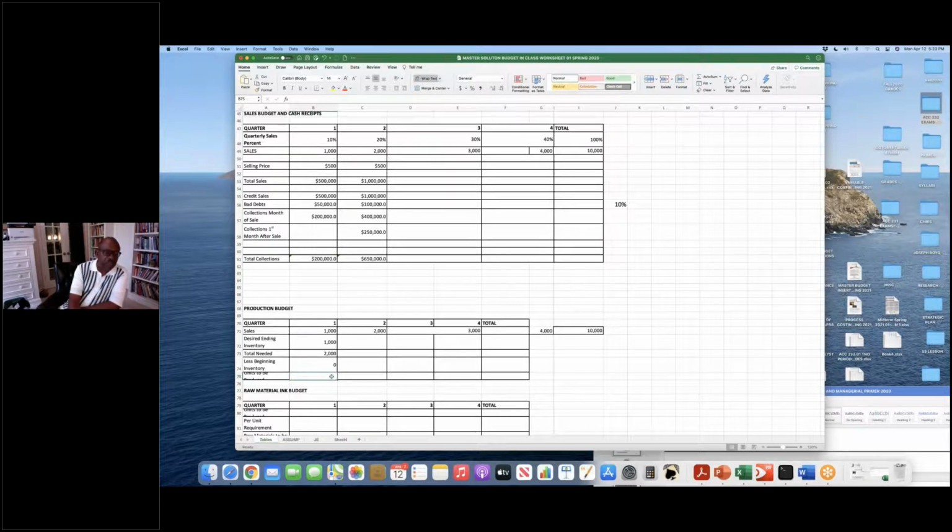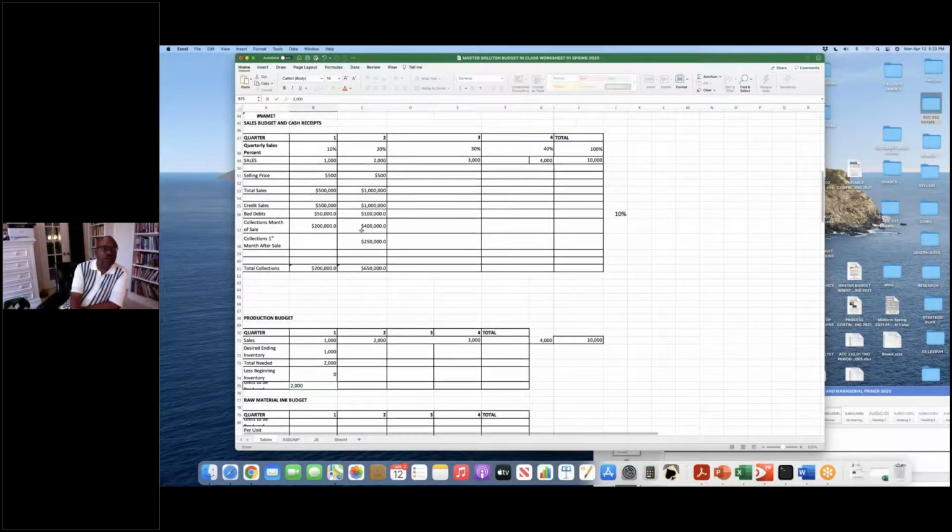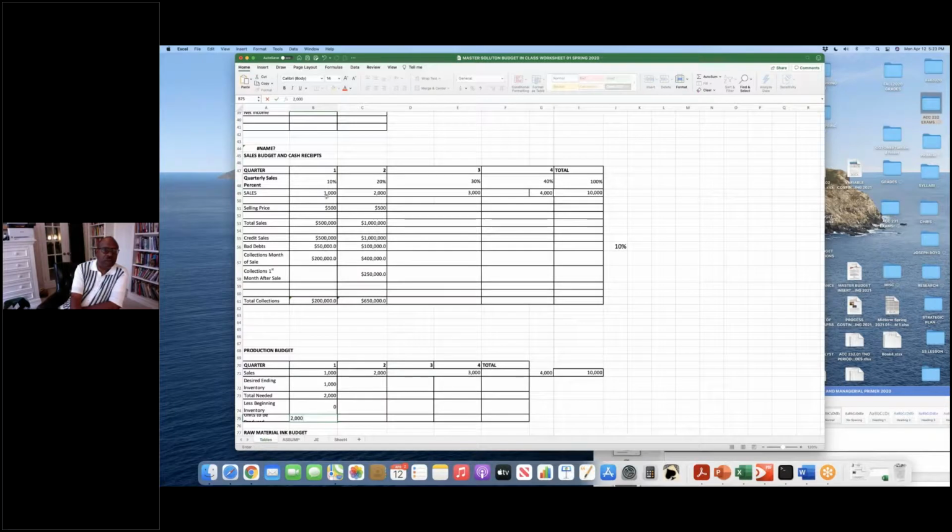So even though you're only selling 1,000, you want to have half of these on hand, so you have something to sell on the first day of the month. Got it?